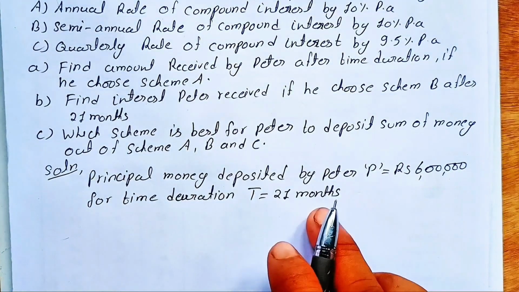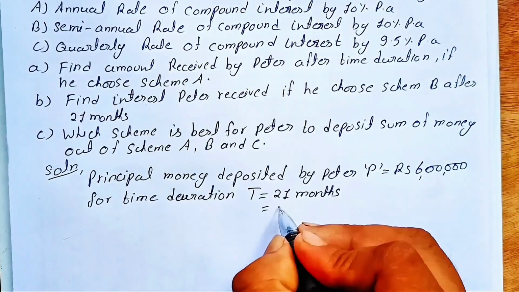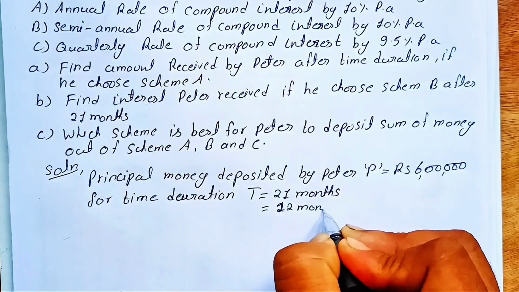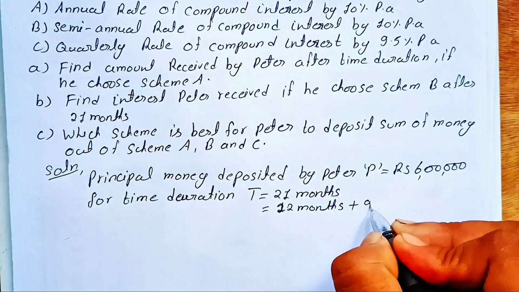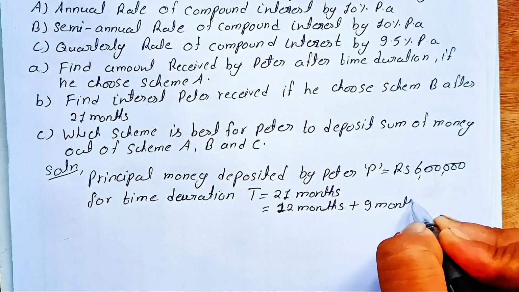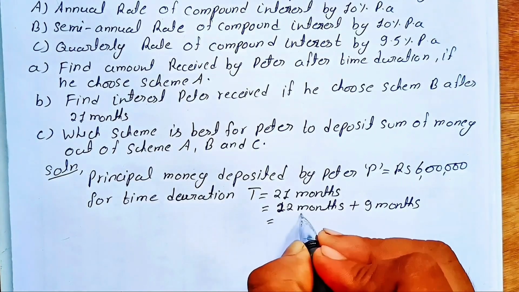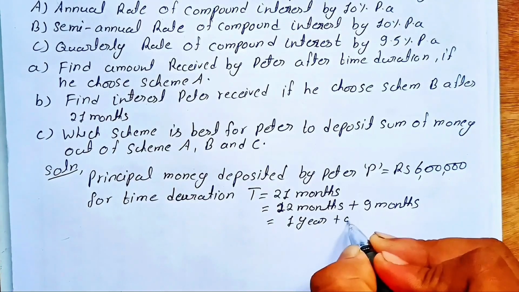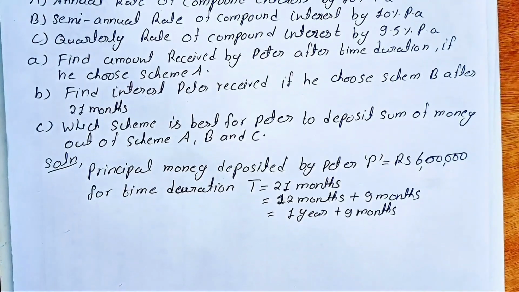So this 21 months is actually 12 months plus 9 months, and 12 months is actually 1 year plus 9 months.